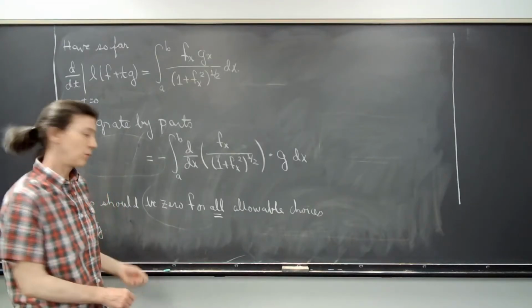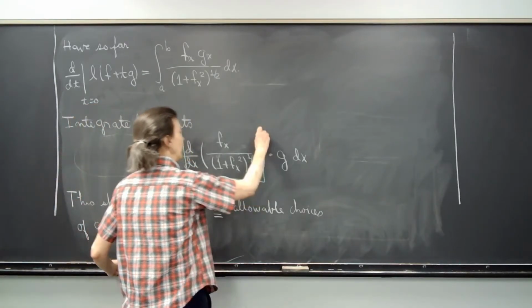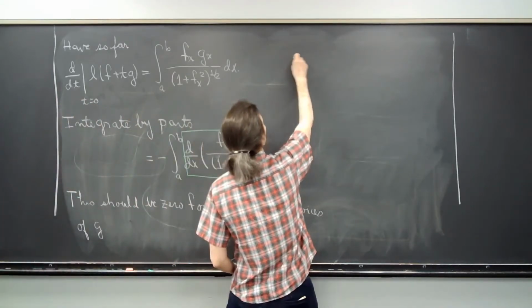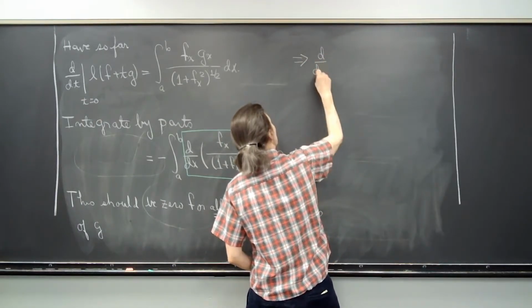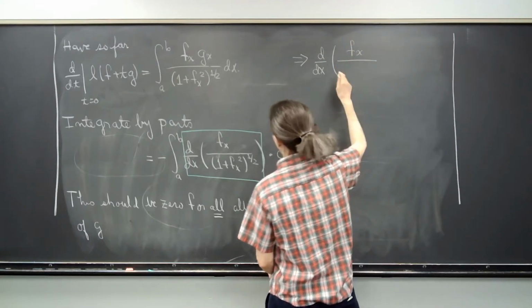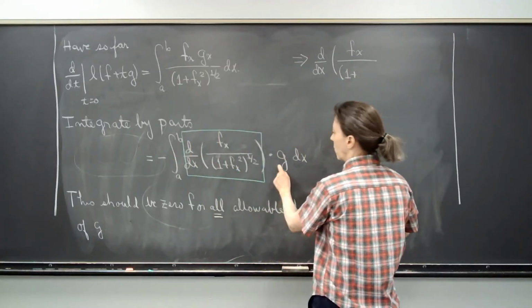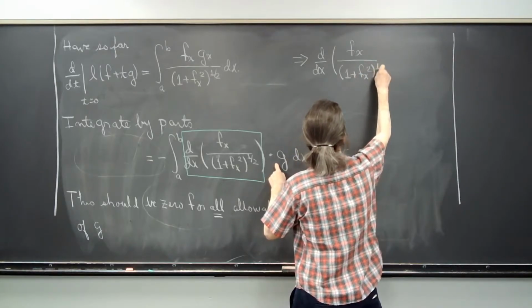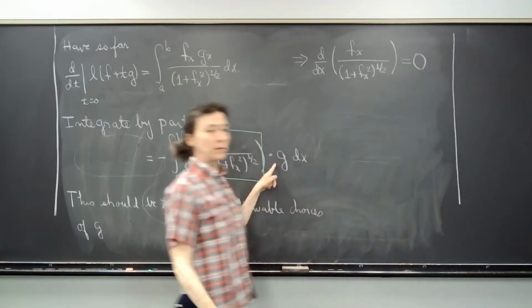The only way that can happen is if it is this first term that is 0. The only way this integral can be 0 for all choices of g is if this first term is 0.